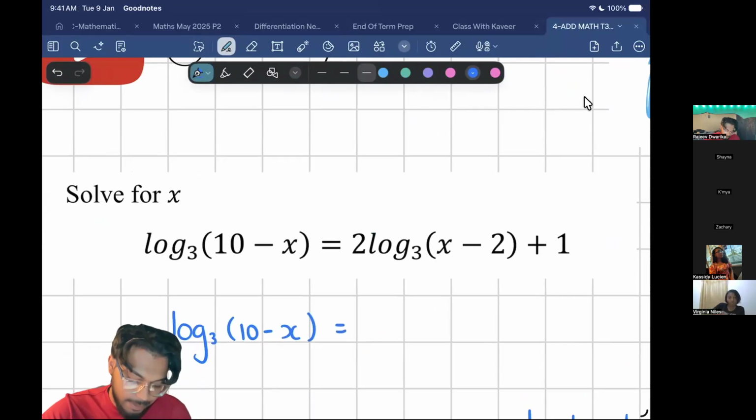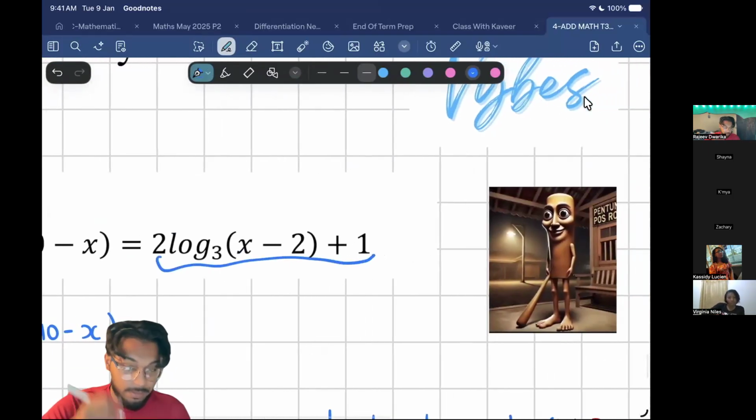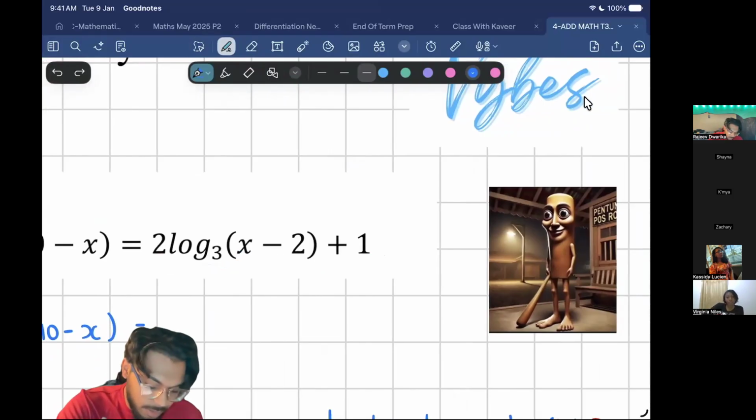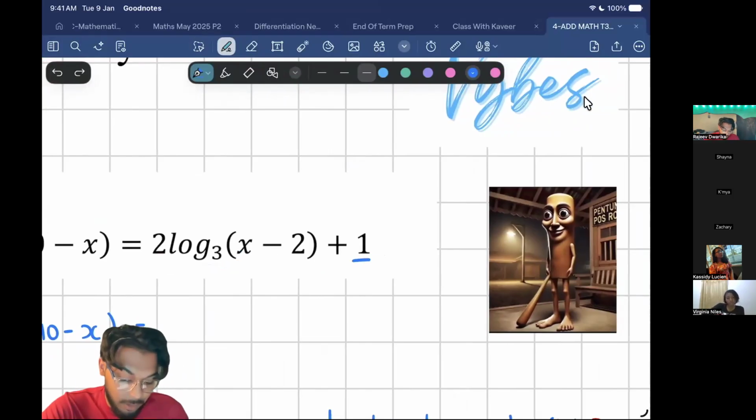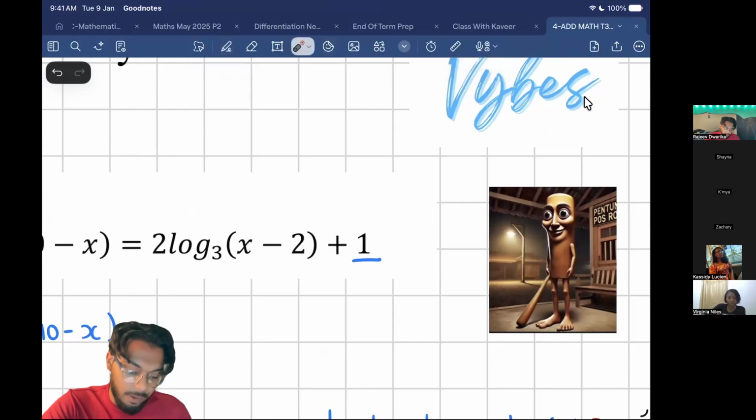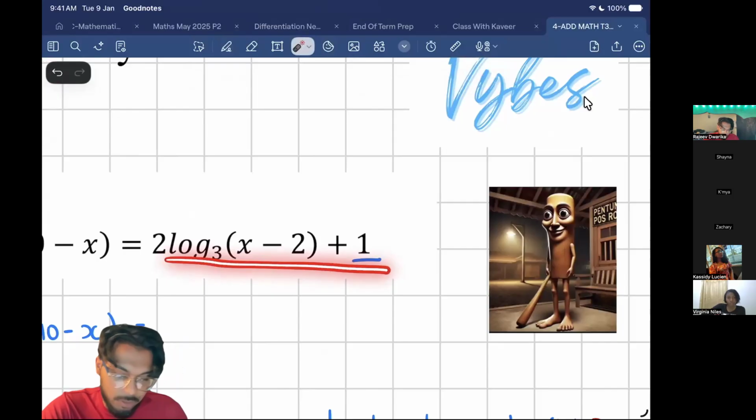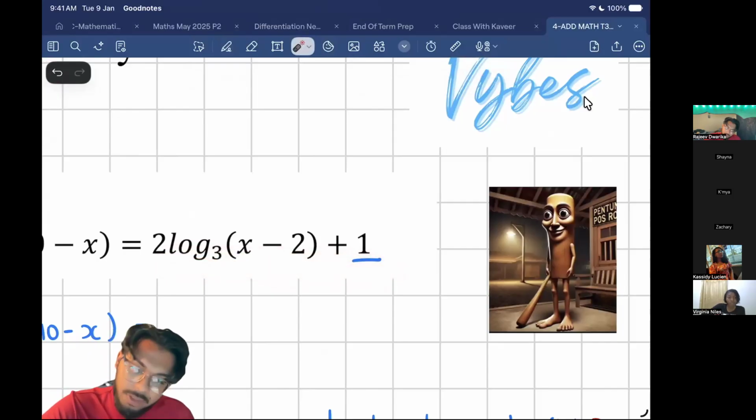On the other side, how many terms are you seeing? 2 terms. Is this a log term? No. If it's not a log term, would I be able to use the product rule? No, I would not.